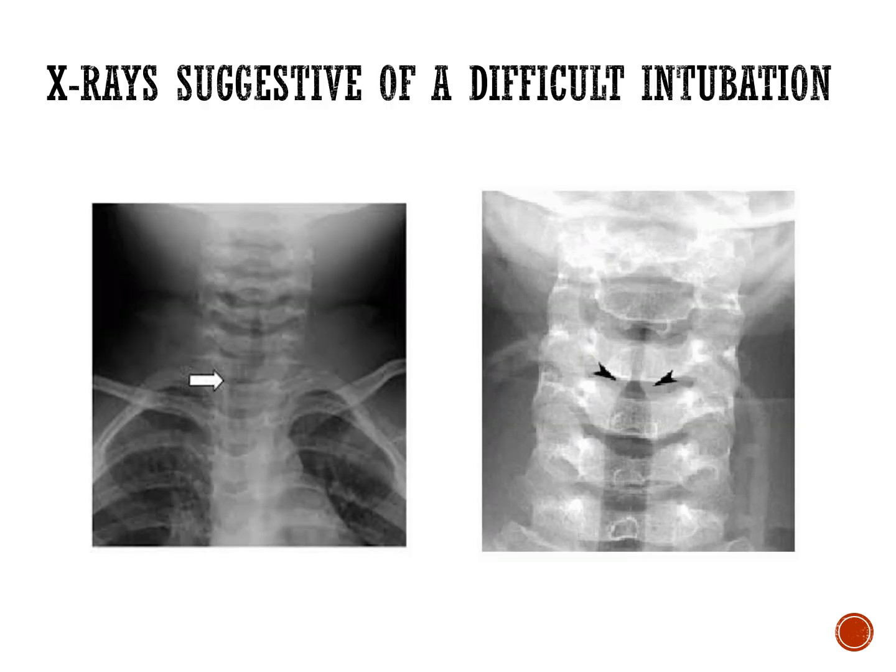In addition to the Mallampati score, another tool that you have in your toolbox to take a look in advance and see if the airway may be difficult would be examining available chest and neck X-rays. These are two examples, one with the white arrow on the left-hand side there.